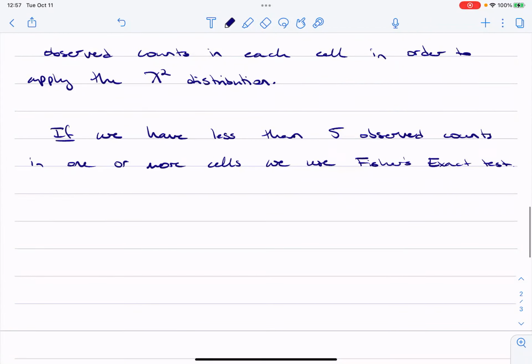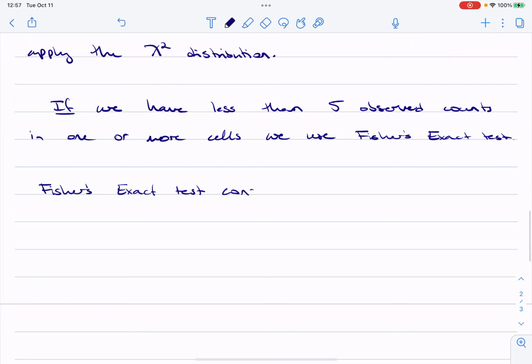Fisher's exact test considers all the possible permutations, right? And then tells you what the probability of seeing what you saw is.